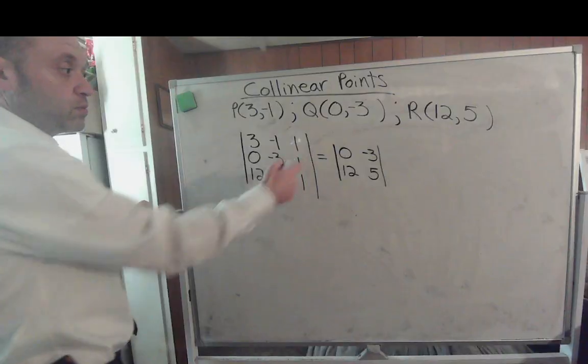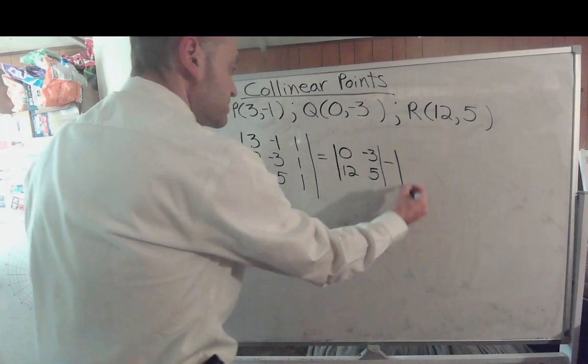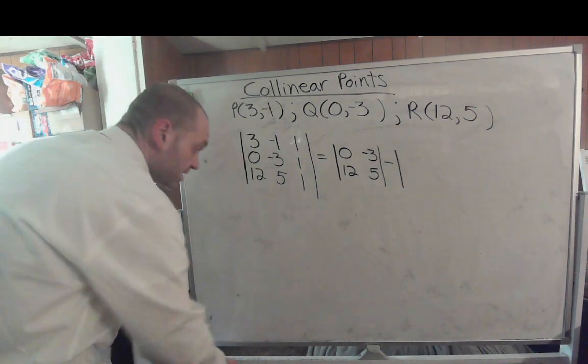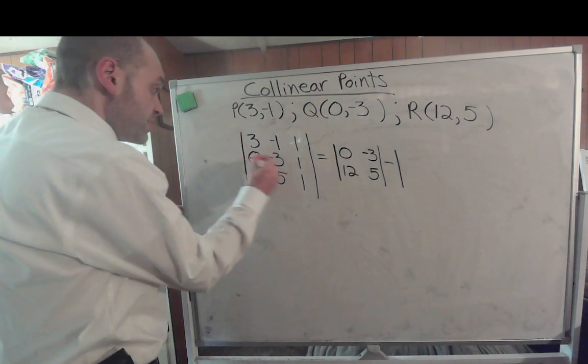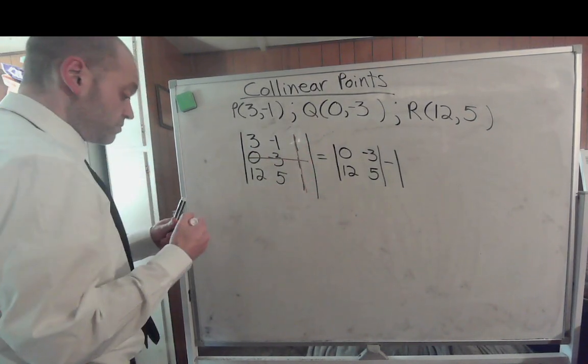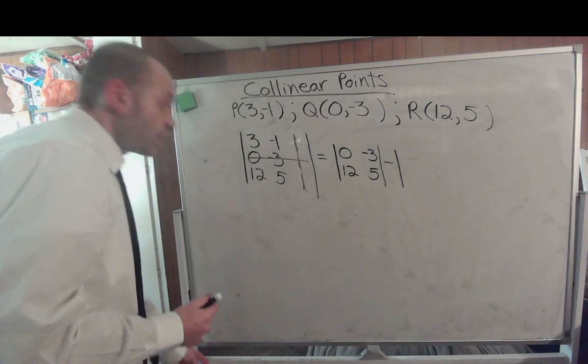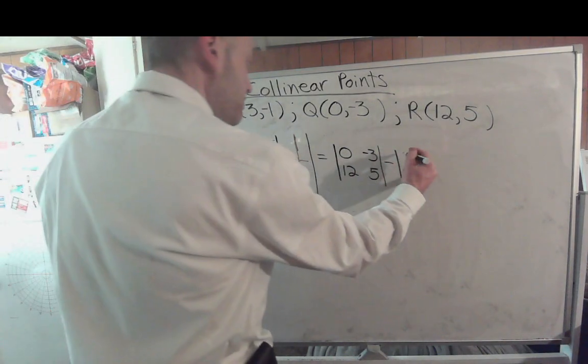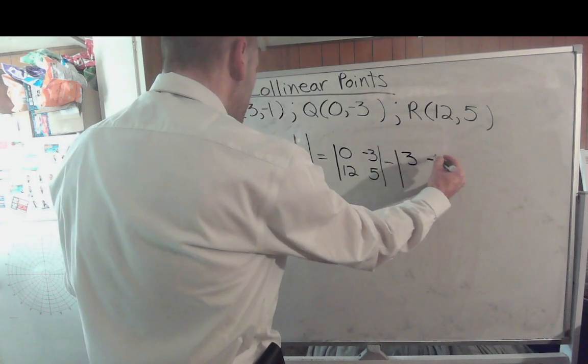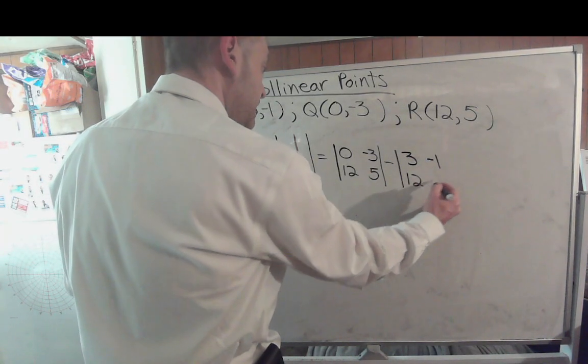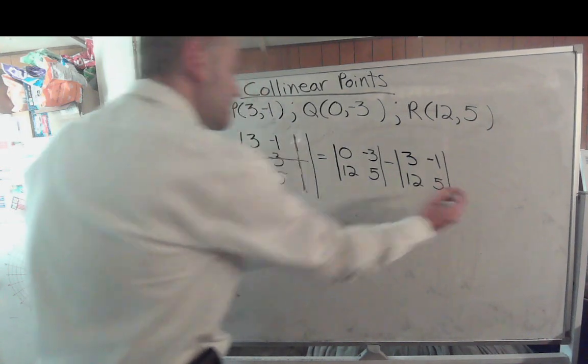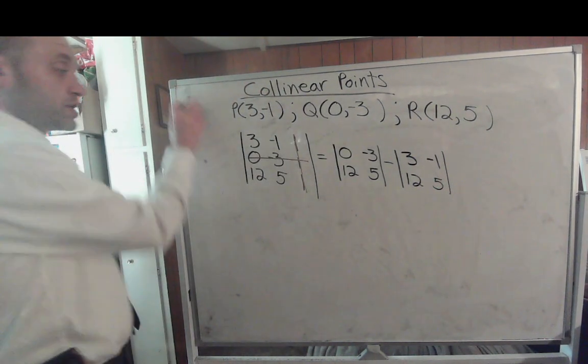Use that second one, that should be minus the resulting determinant of what's left when I strike out that row and column. So I'll end up with 3, -1, 12, 5. And then I'll have to do one more determinant.